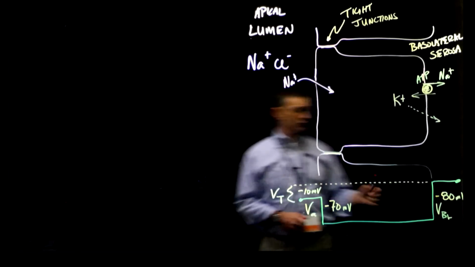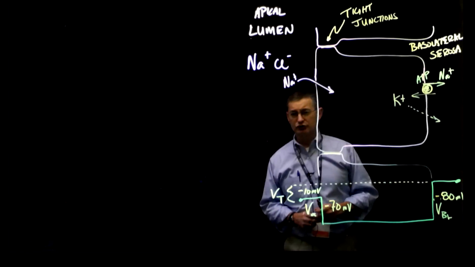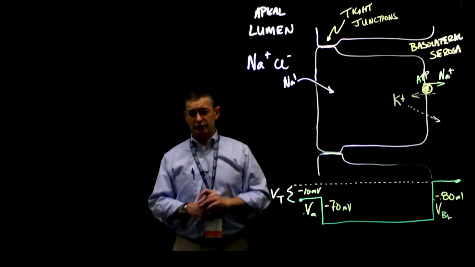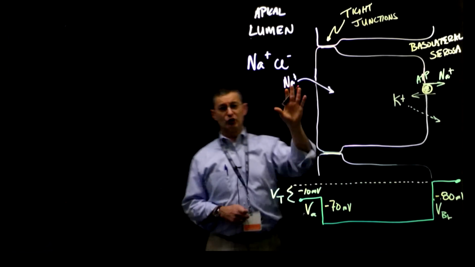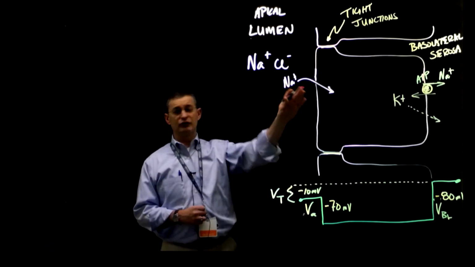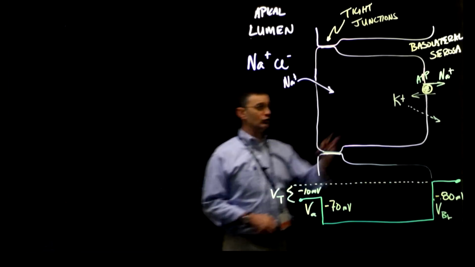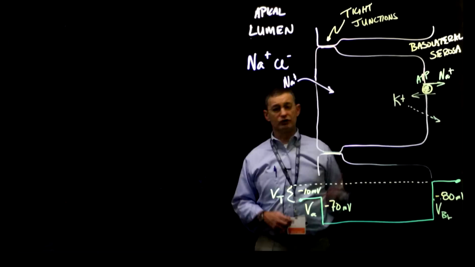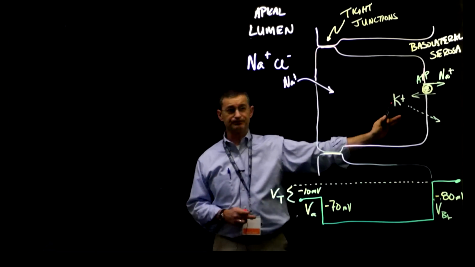And remember, in addition, we have a minus 80 millivolt electrical potential inside the cell that's also accelerating sodium movement into the cell. So for sodium movement, we have both an electrical and a chemical driving force. As long as we have a route in the form of a sodium channel, sodium moves very easily down that gradient into the cell. Once it's in the cell, it hops on the sodium-potassium ATPase and is transported across into the serosa. So we've moved sodium across the monolayer without any difficulty.